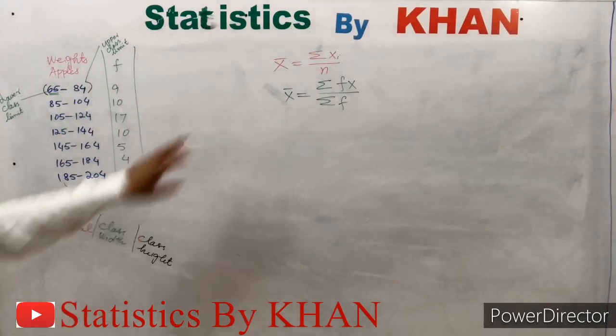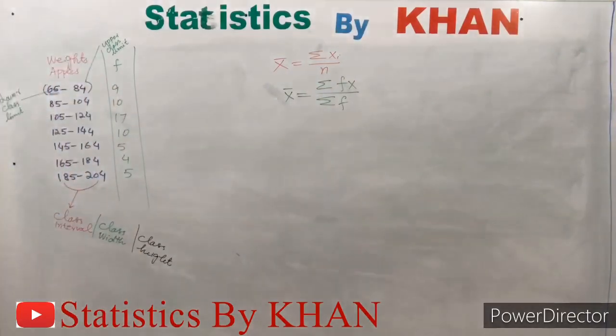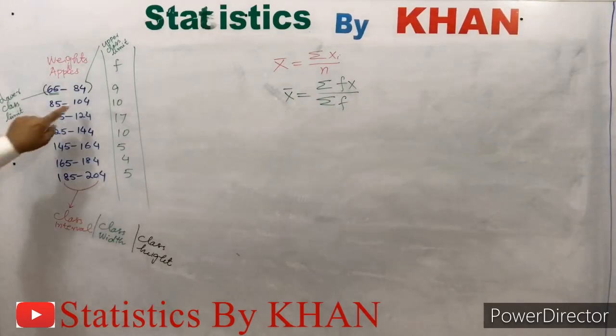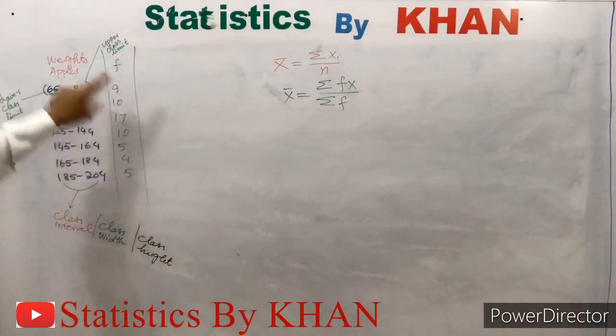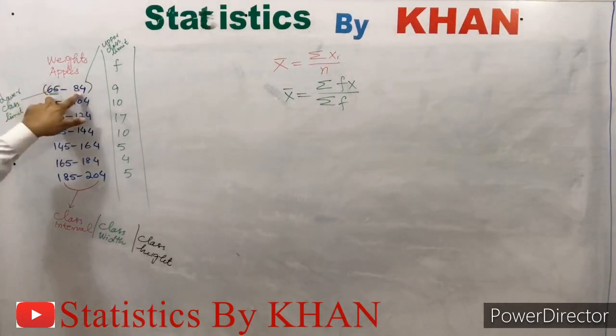If we look at both formulas, x is lying there. But if we focus upon our data set, there is no x. So do remember one thing, that in continuous group data, we can't see x directly because the classes contain more than one value.